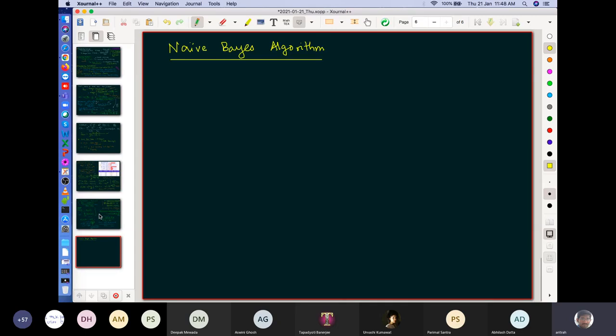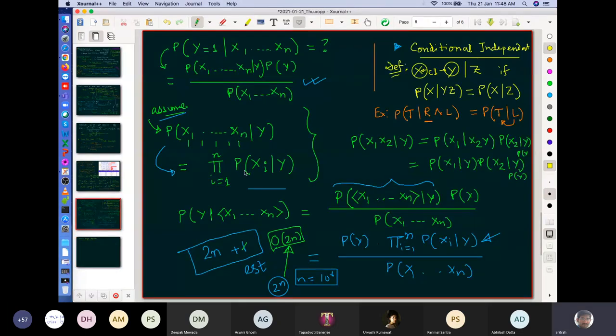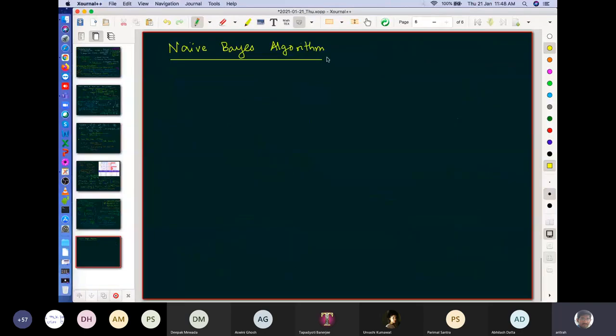And believe me, though it's an assumption of conditional independence of attributes, it works like magic in your spam filtering, in your news article separation, in your text classification. It works like magic, though.